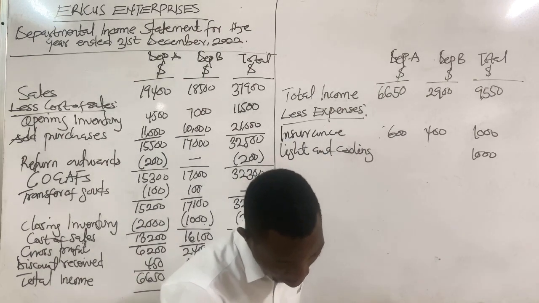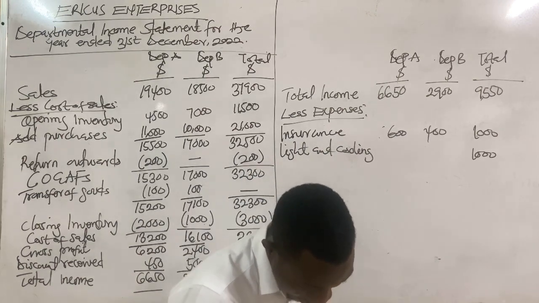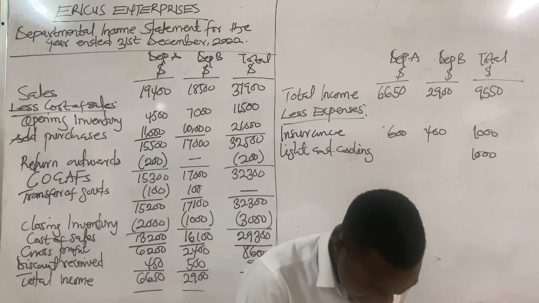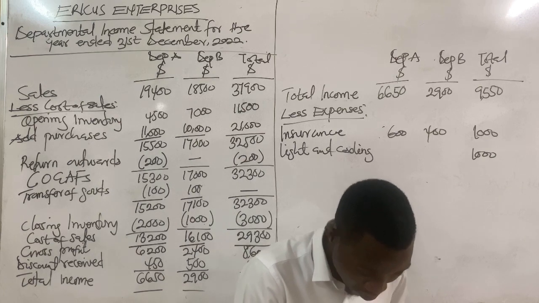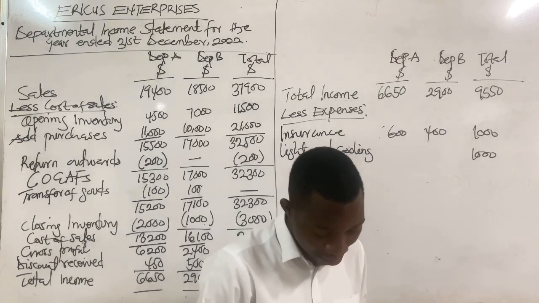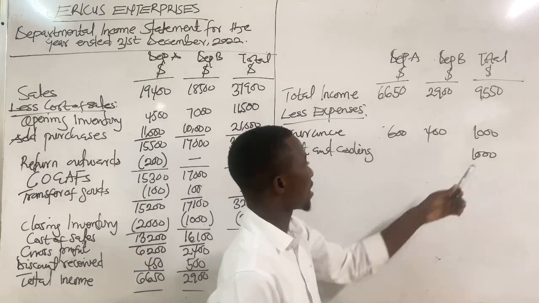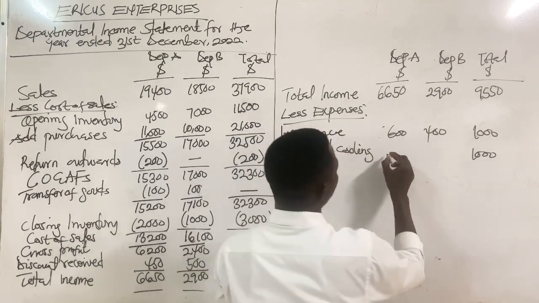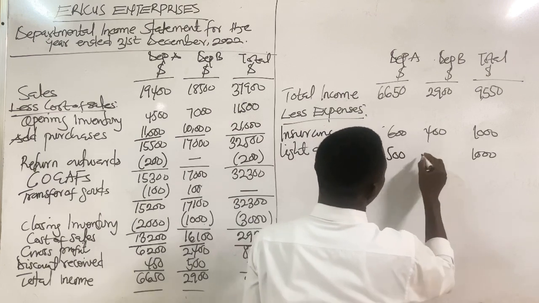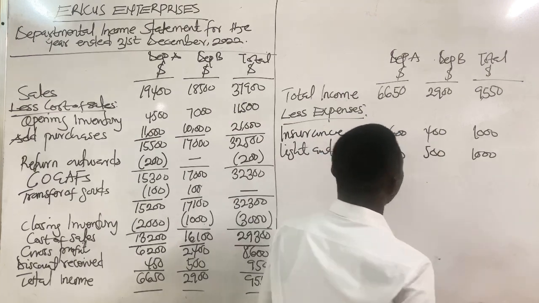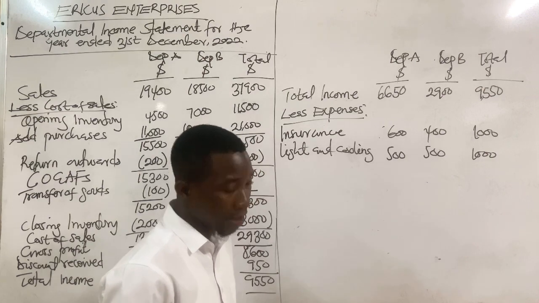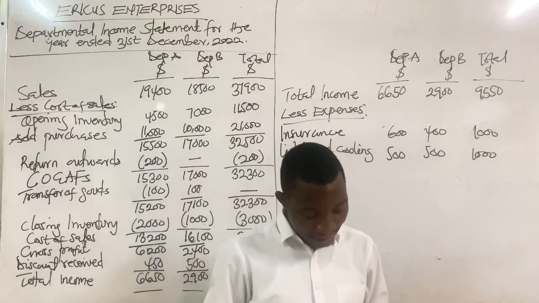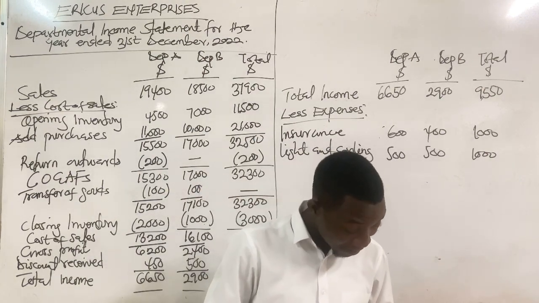For lighting and cooling, there is no suitable basis of apportionment for it. So all other expenses are to be shared equally. So we share this amount between the two departments equally. Each department will get $500.